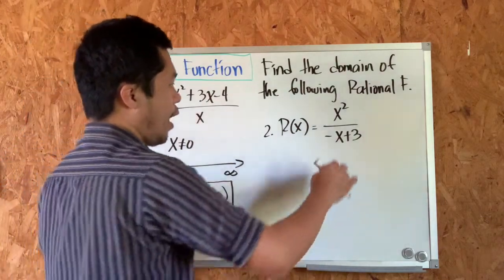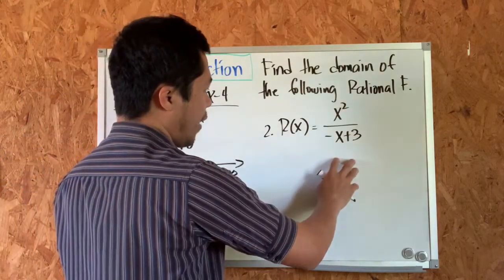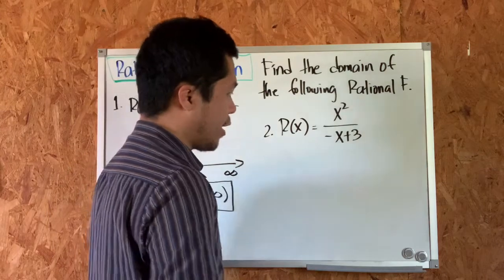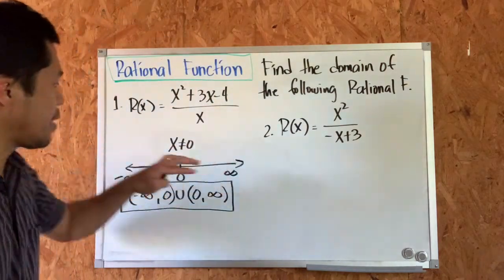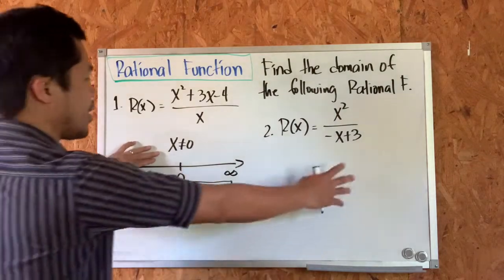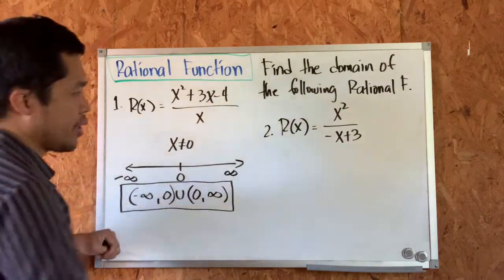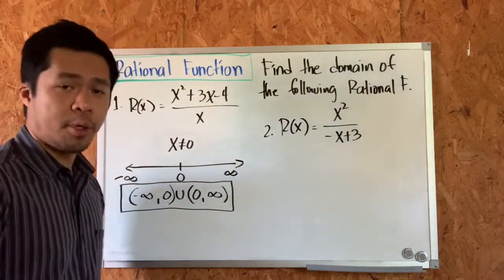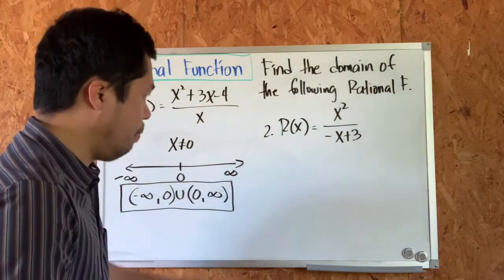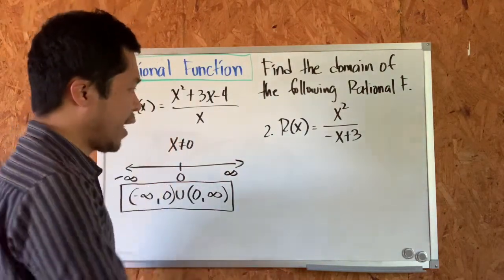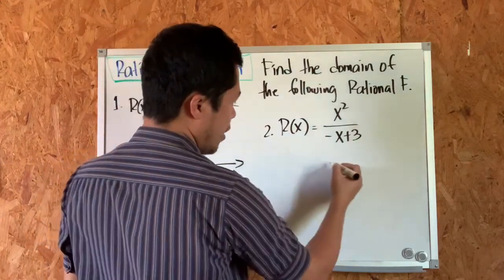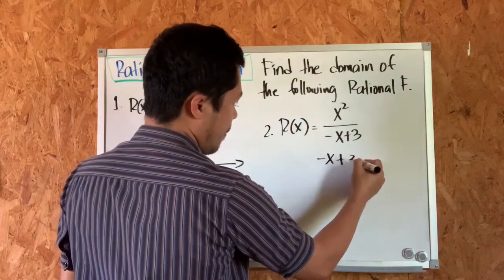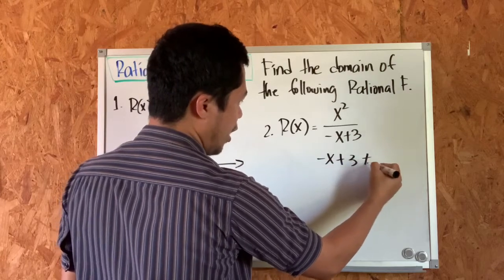Here we have x squared over negative x plus 3. We will do the same thing here. The only difference between these two is that here we only have one term, which is x, and here we have two terms, or a binomial, which is negative x plus 3. So what we will do here is write this not equal to 0.